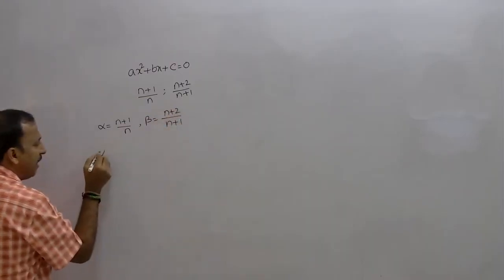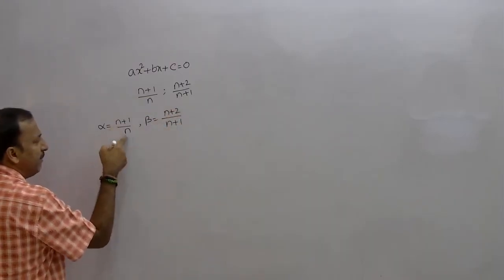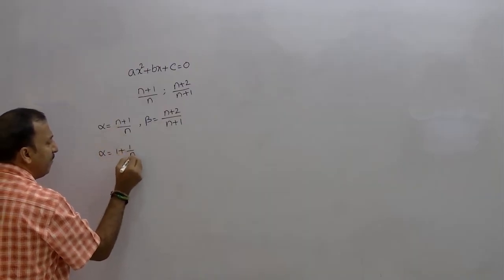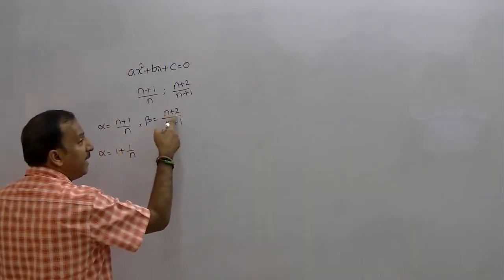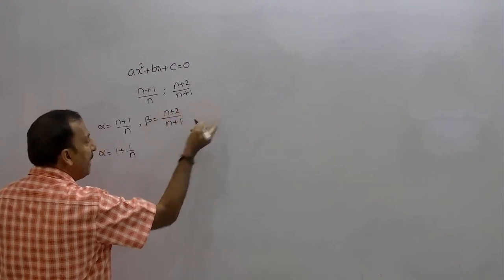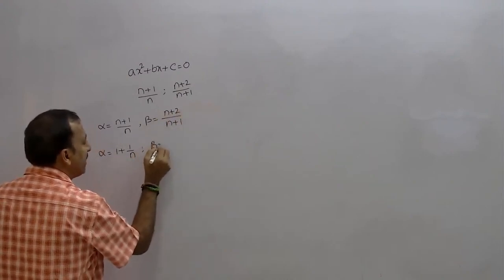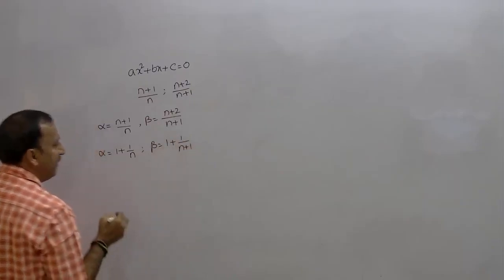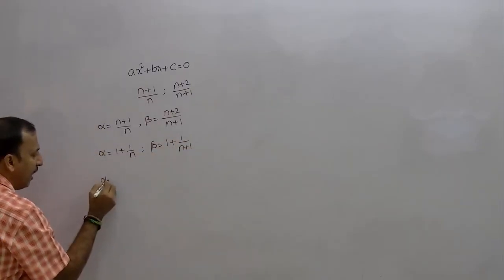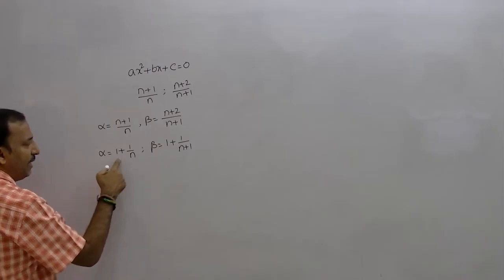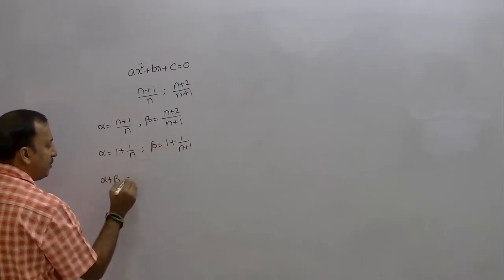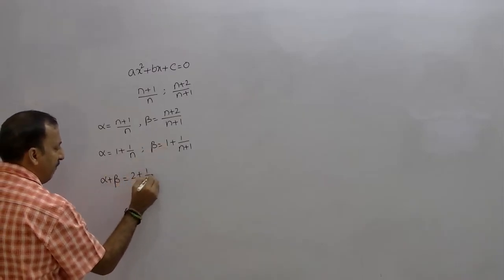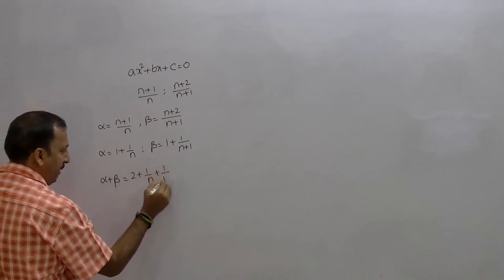See, we can write alpha also like this. N by n is 1, so 1 plus 1 by n. This n plus 2 can be written as n plus 1 plus 1, and beta can be expressed as 1 plus 1 by n plus 1. What is the sum of the roots, alpha plus beta? If you add these two, 2 plus 1 by n plus 1 by n plus 1.